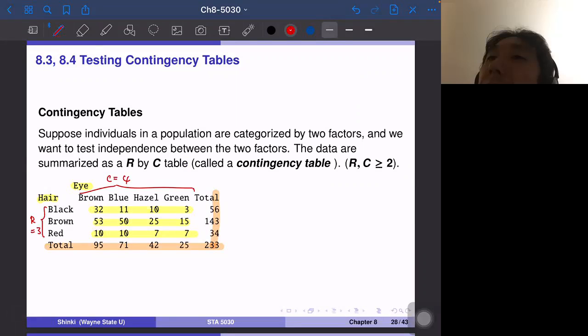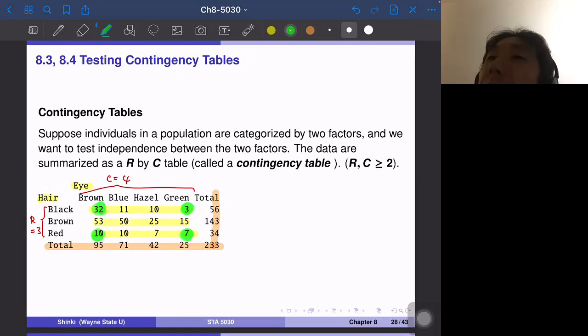More students have brown eyes, fewer have hazel or green, and more students have black or brown hair, not many have red hair. There's not much pattern here, but if you focus on brown eyes and green eyes, and hair color black and red, it seems that students with green eyes are more likely to have red hair, and the ratios are pretty different, 7:3 and 10:32.